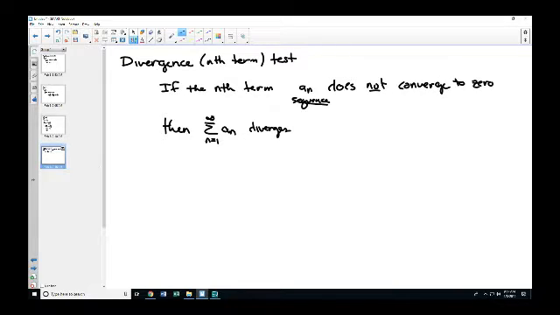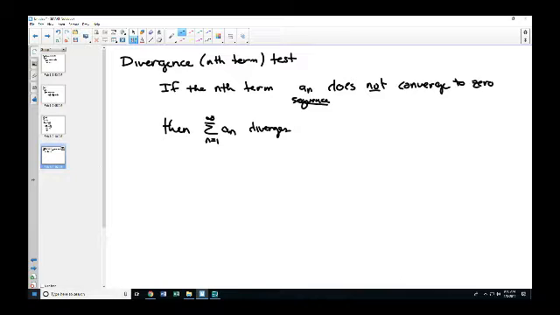But we can't apply any other mode of thinking around that. We can't say, if this diverges, then the sequence diverges, or if this diverges, the sequence does not converge to zero. Not a true statement. So keep those little things in mind.